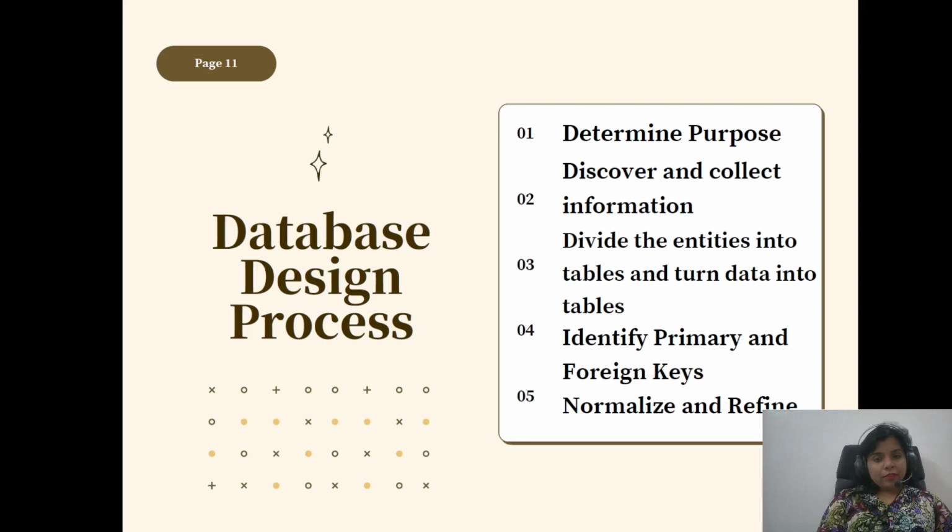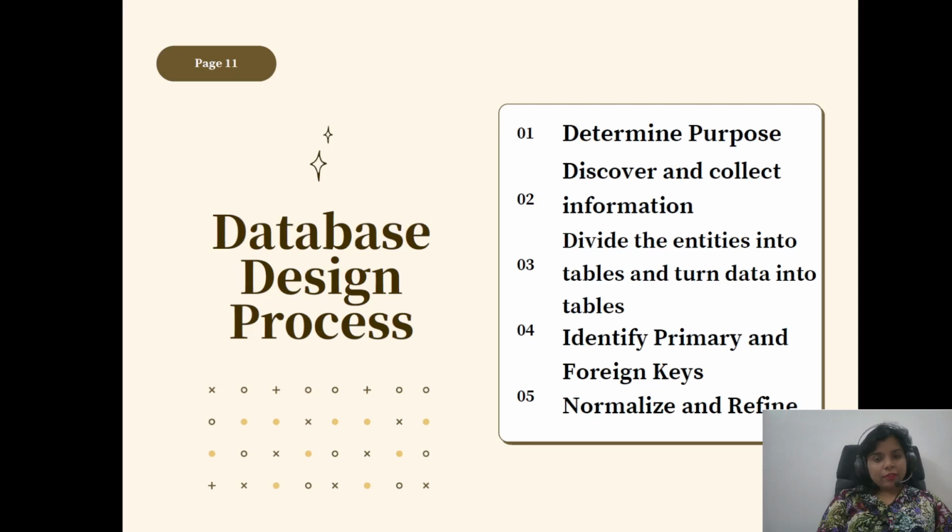Having understood what a database is, next we need to focus our attention on database design. Before designing any database, we need to determine its purpose and collect all relevant information. We have to divide the collected information into a set of real-world entities, map those entities into tables, and turn the data into tables. Then we have to identify primary keys, and as we know, a primary key helps us uniquely access records from every table.